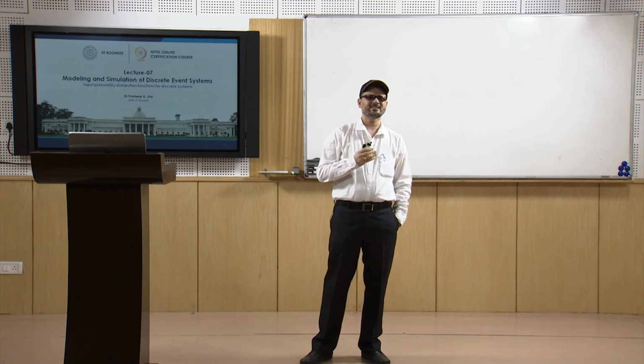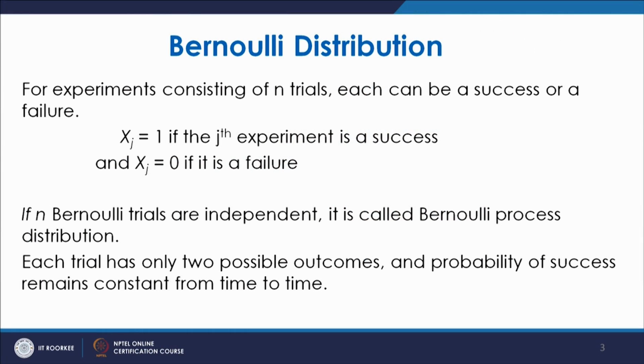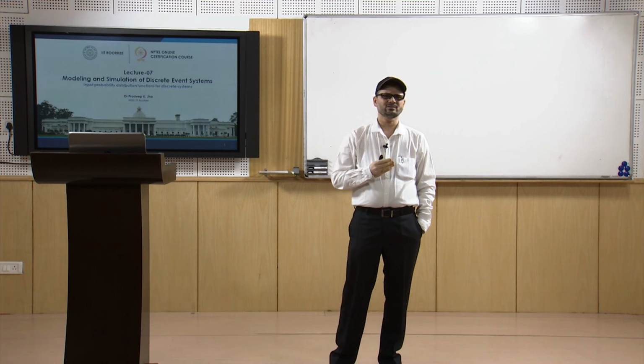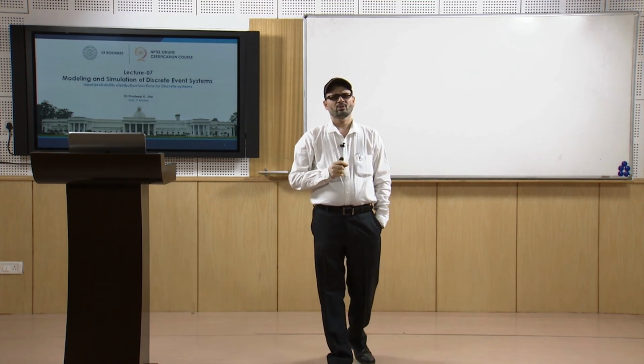In these cases, you have two values: x_j can be 1 if the jth experiment is a success, or if it is a failure, it will have the value 0. Some probability is attached.